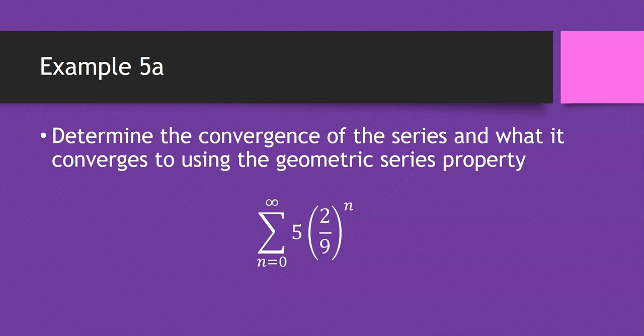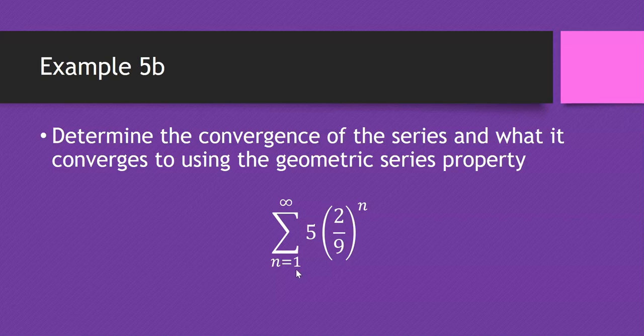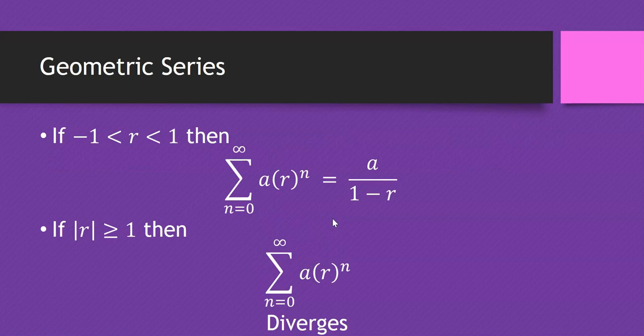Now, the trouble lies when we don't want to start at 0. What if we want to start our summation at 1 instead of 0? The geometric series rule, this summation always starts at 0.